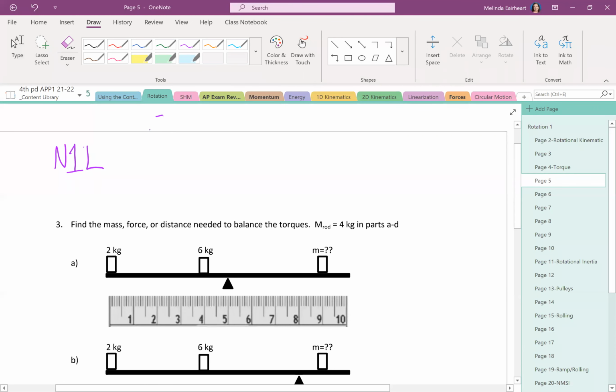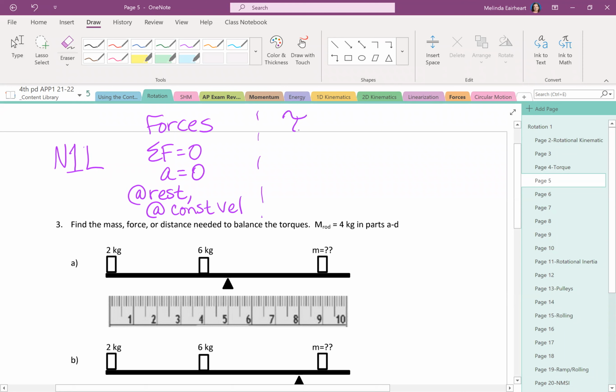So Newton's first law, when we did forces, it was that forces balance, right? Net force is 0, acceleration is 0. It could be an object at rest or an object... what was the other situation? Constant velocity. I'm kind of making a table here. Then we also have torques, and I like to spell torques with the symbol for torque, because why not?